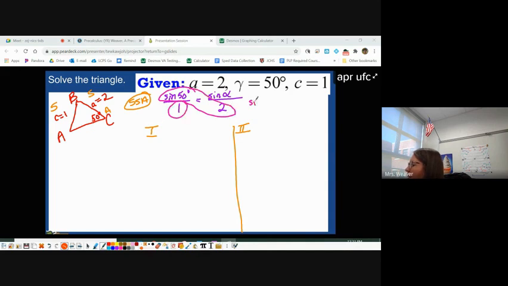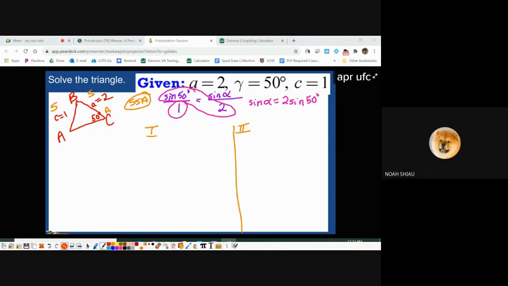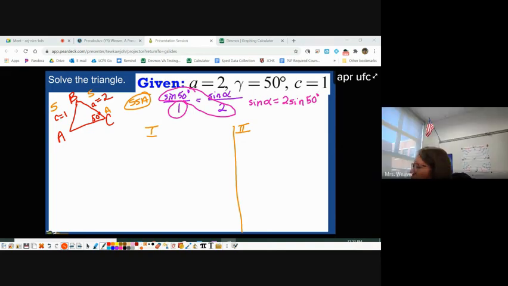That means that the sine of alpha is 2 sine 50. If I'm dividing by 1, do I have to write it? No. Division by 1 won't change it. So I'm just going to write it as 2 sine 50. Okay, and we're ready to start our first triangle. So our first option for alpha, alpha 1, will be sine inverse of 2 sine 50.